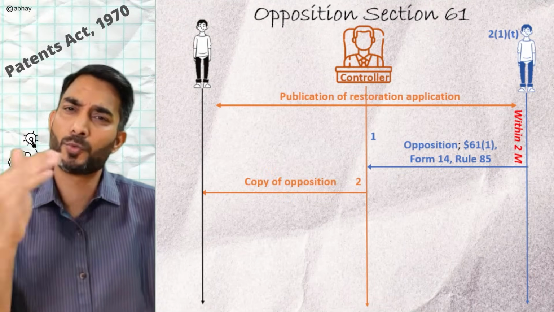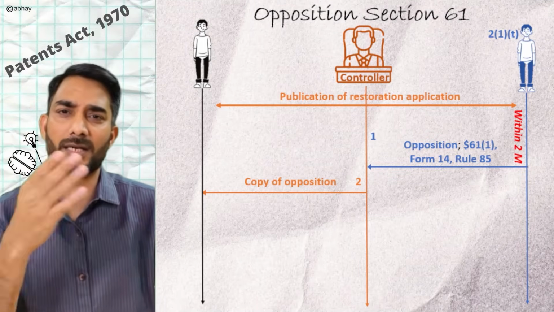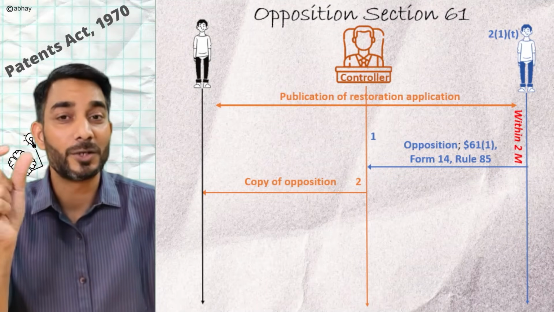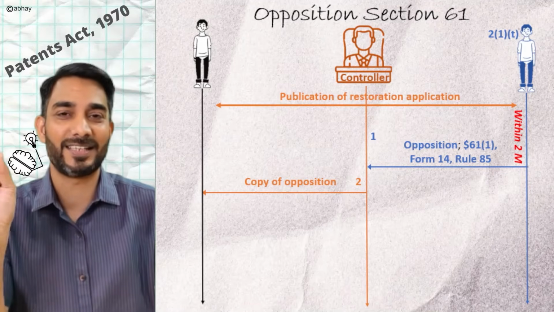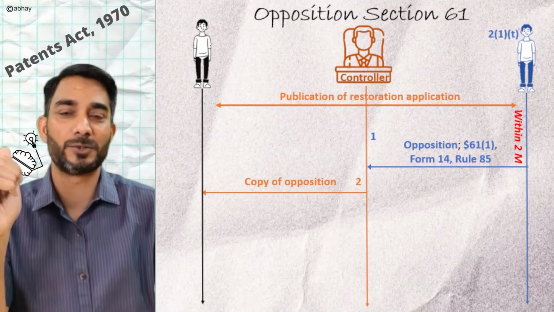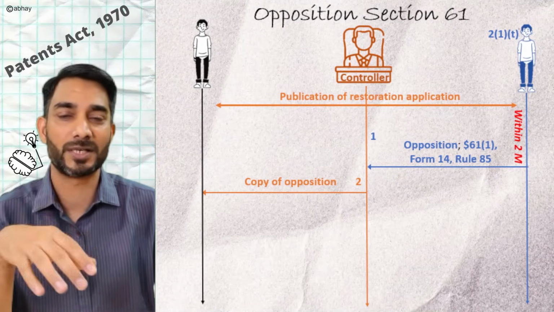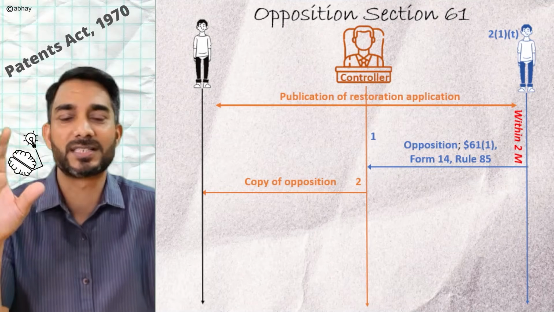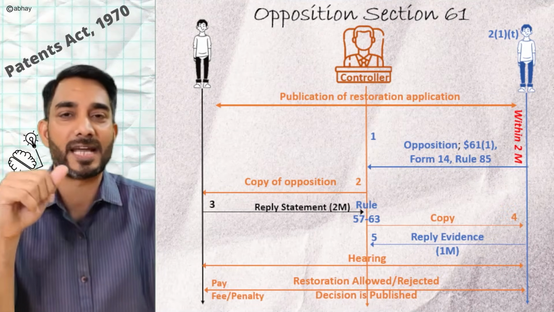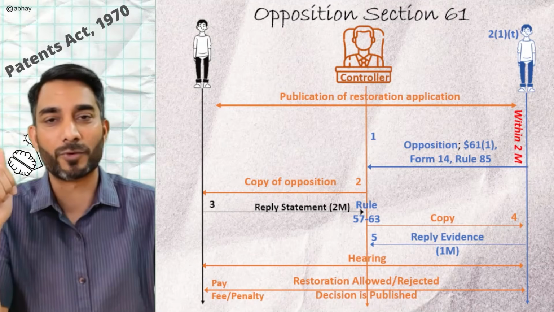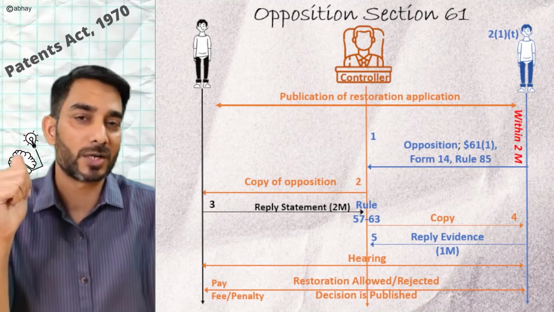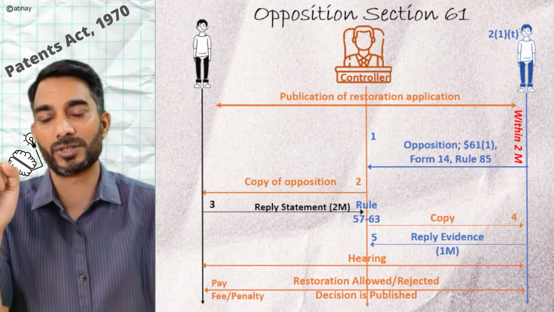Hereinafter, the same to and fro happens between the patentee and the opposition using Rule 57 to 63, where you provide documents, replies, responses, and evidences. We will not discuss it here, but here is the entire timeline of how the to and fro happens. All such to and fros are always covered under Rule 57 to 63.